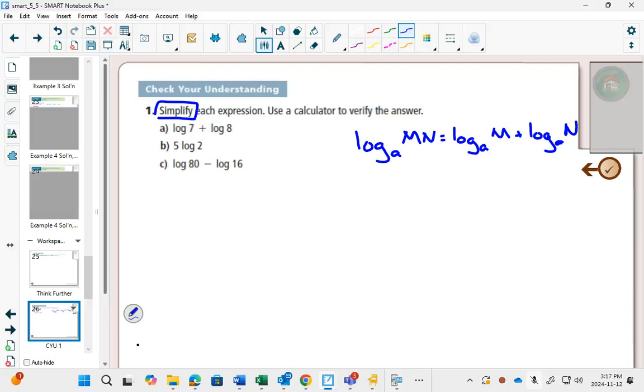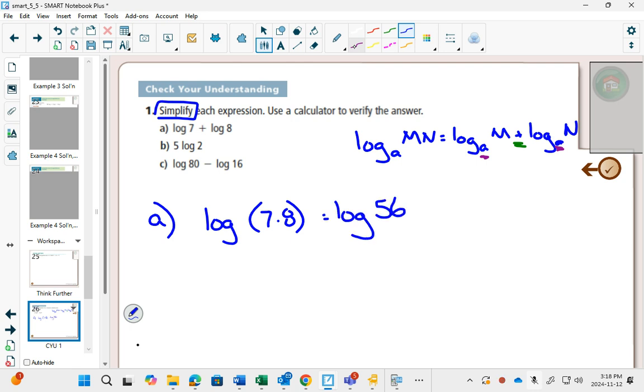So here I have a log plus a log. This first log law says if you have a log plus a log and the bases are the same. So I notice the plus sign, and I also have to make a note that those bases have to be the same. This one has no base written, so these are common logs with a base of 10. That means I'm allowed to take the right-hand side and rewrite this as log base 10, which I don't have to write, of 7 times 8, which is log base 10 of 56.